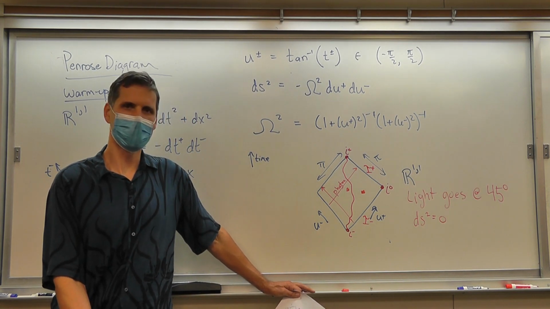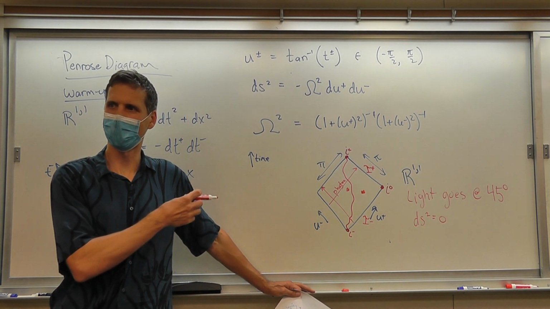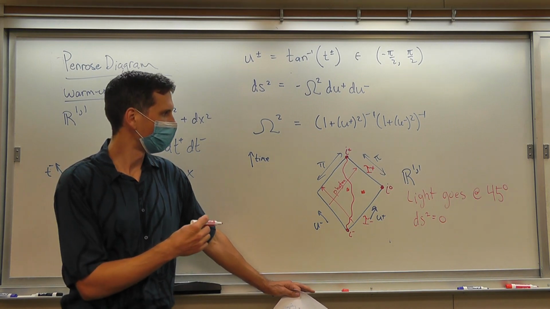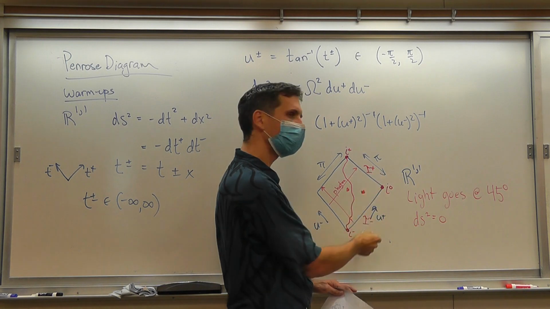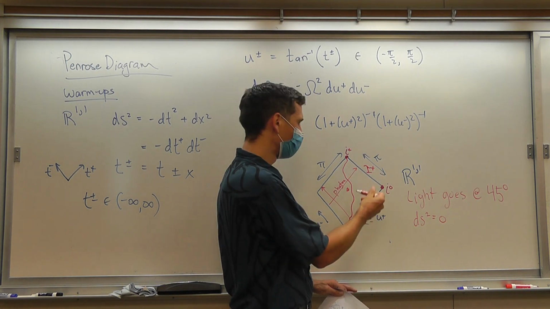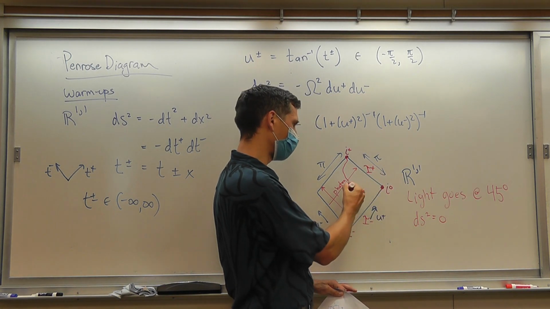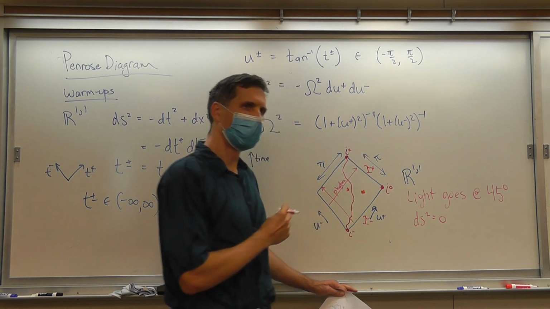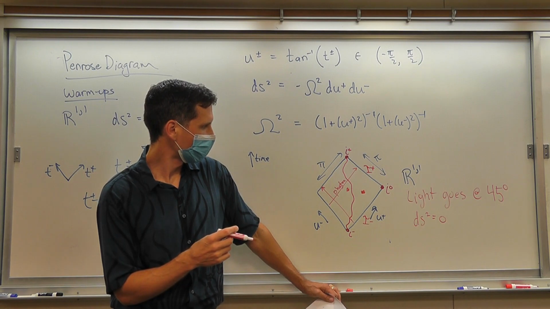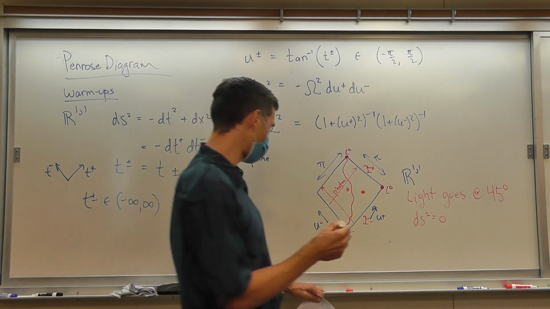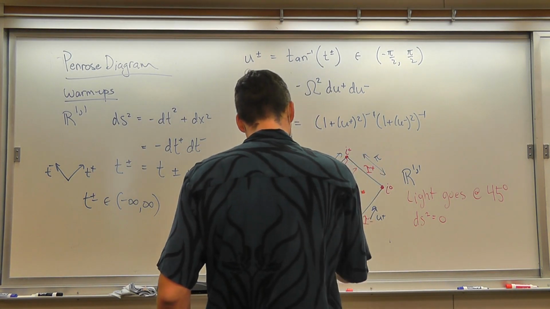I don't know how to draw scri, so I make that funny I instead. And that's called future null infinity and past null infinity. You can't get there, but a photon can. You can get there if you happen to have a rocket booster with an infinite amount of fuel.